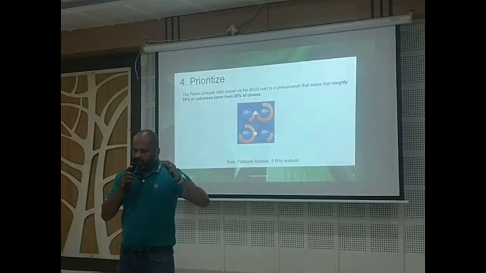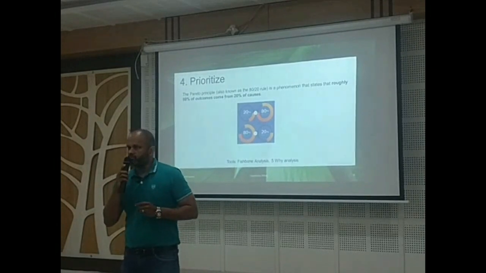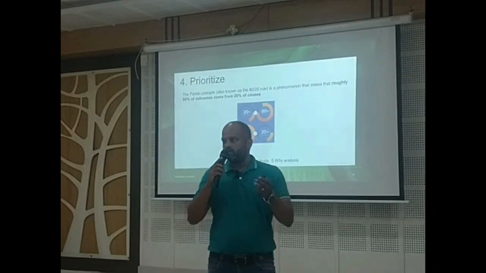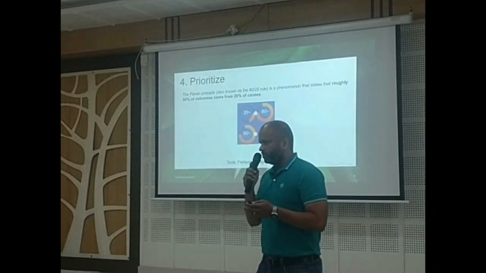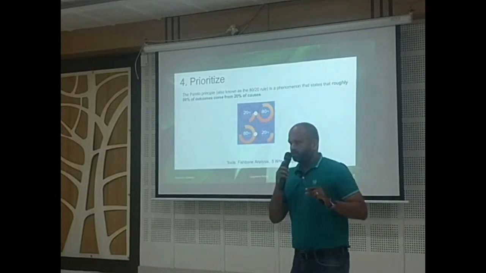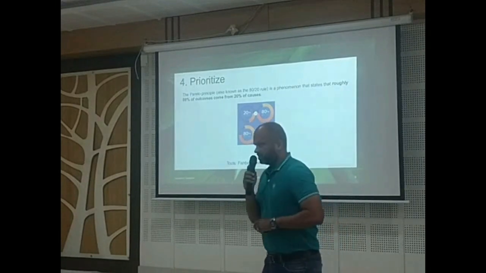You identify all the reasons that you have, and you prioritize and give weightage to each of them. You can get the details from the data, like what is causing how many accidents to happen, and you select the top 20% and try to fix those causes. That will help you get an 80% result.